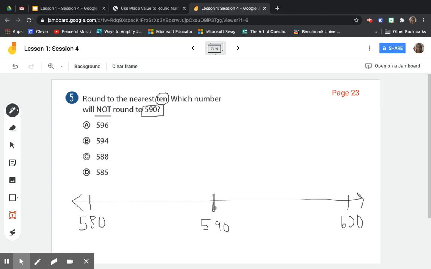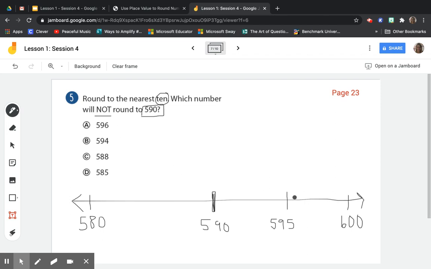So if they do not round to 590, so let's see, 596. Okay, so 580 to 590, it's not gonna be in there. 590 to 600, it's gonna fall in there. So let's cut this in half. I have 595, so I'm counting by fives here.